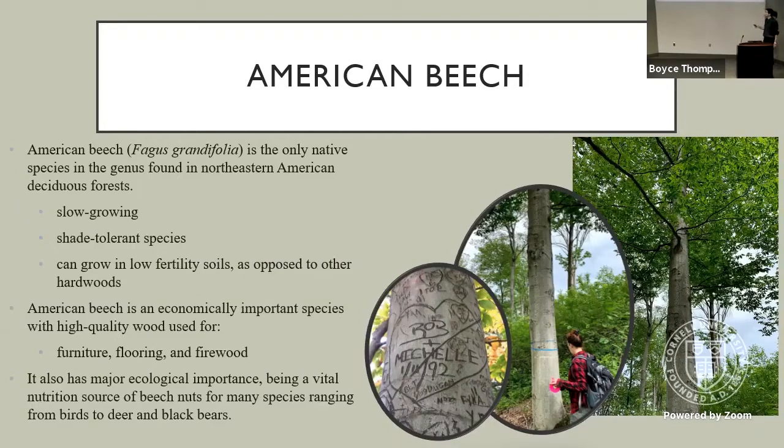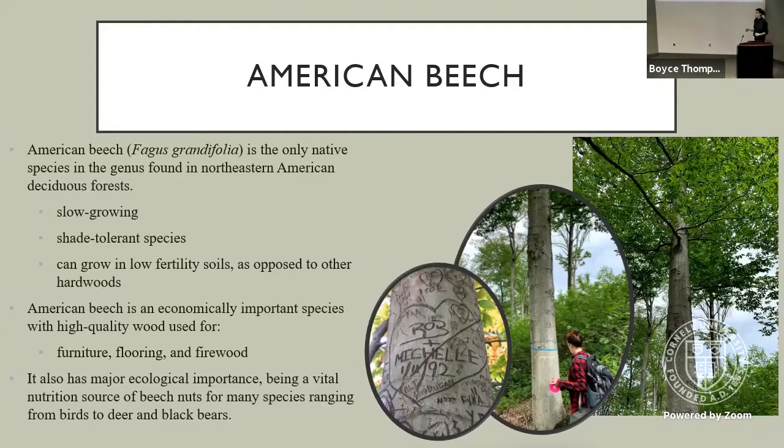Beech trees are slow growing. They grow up to 300 years. They take their time, they're shade tolerant, and they can also grow in low fertility soils. They also have really high quality wood, which makes them commercially significant.